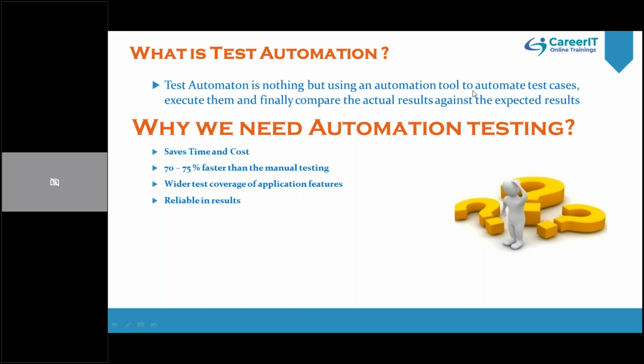Wherever a test case fails, you have a screenshot to check what happened, right? That's where results will be very reliable. And human intervention is not required while executing the test cases. Before test case execution, we just need to start it. Once the execution starts, no manual or human intervention is required.